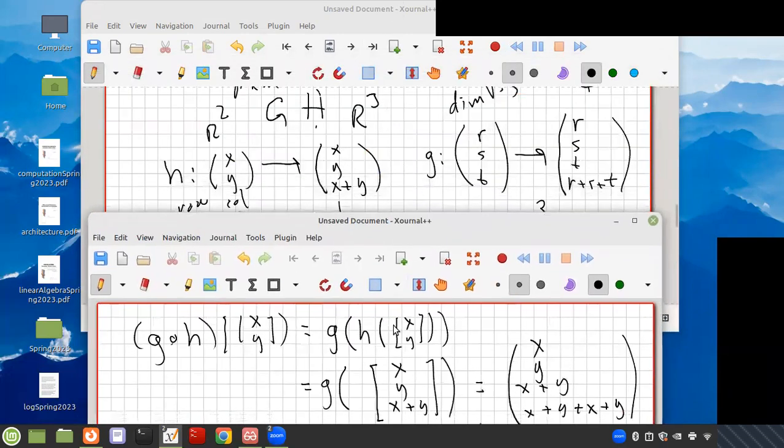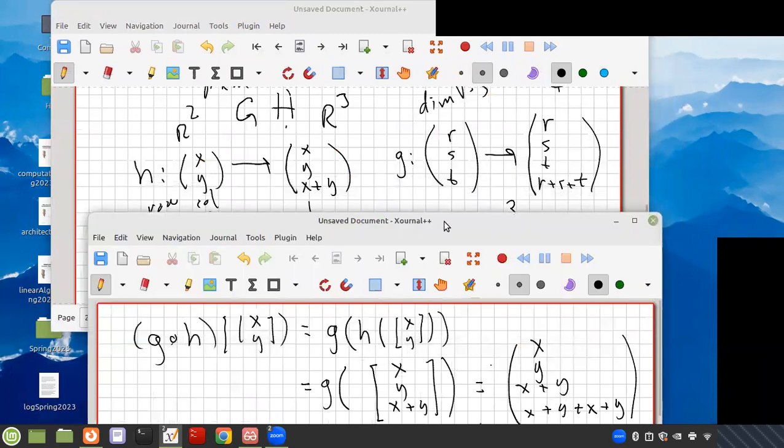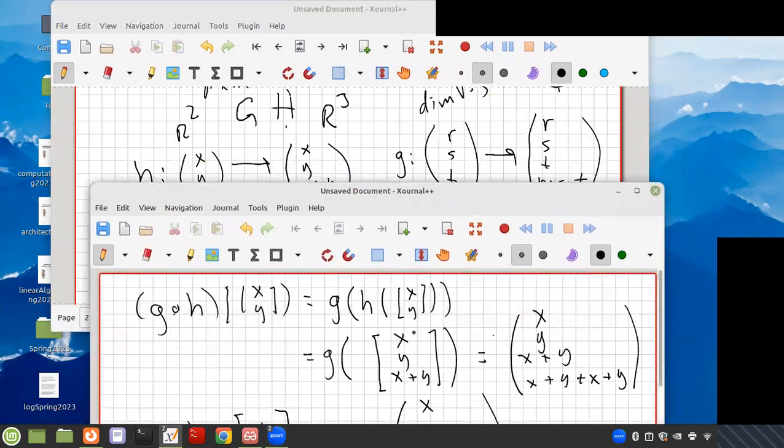So yeah, we just replaced H of X with X plus Y, and so the problem then is that when we do G, this is playing the role of R. This is playing the role of S, and this is playing the role of T. So when I come over here, I have R, S, T, and this is R, S, and T. Okay?